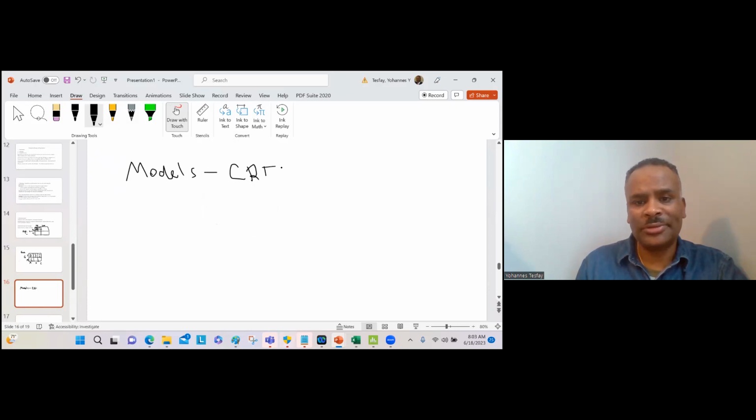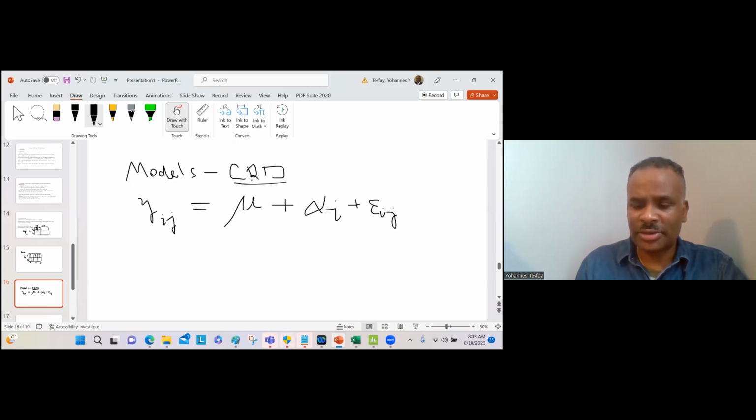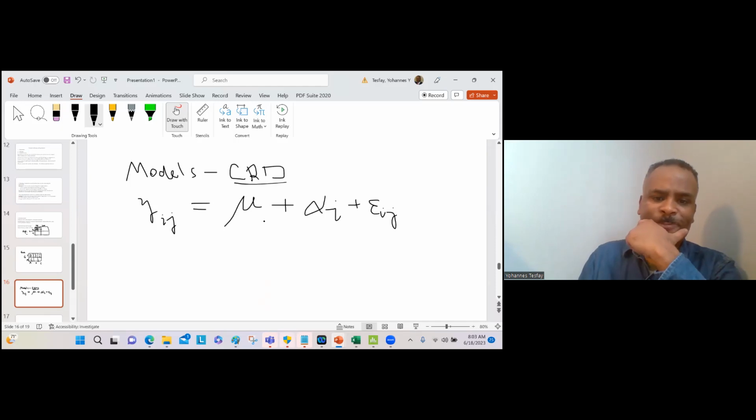You have it like this: Y_ij, split into the grand mean, the overall mean, plus alpha_i, plus error_ij. So this is the grand mean, and this is the treatment or the factor. You see, this is your factor, the levels of the factor.